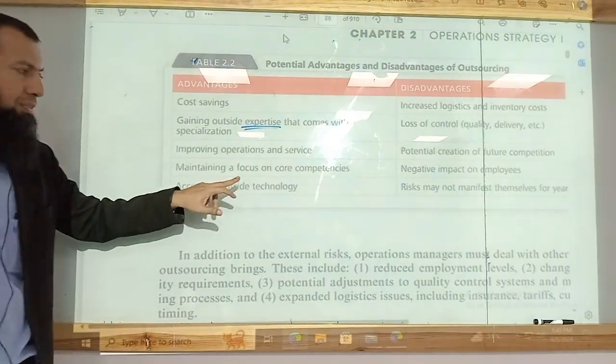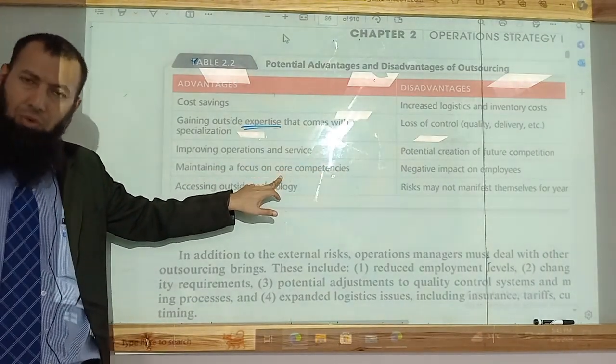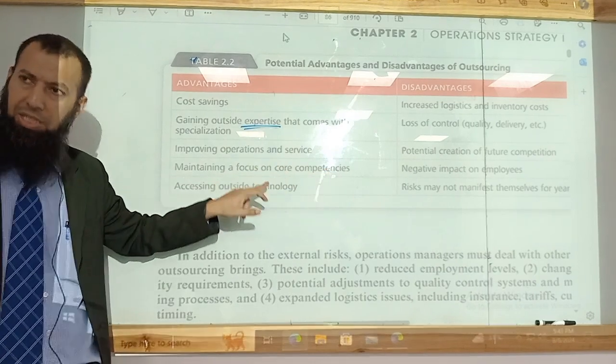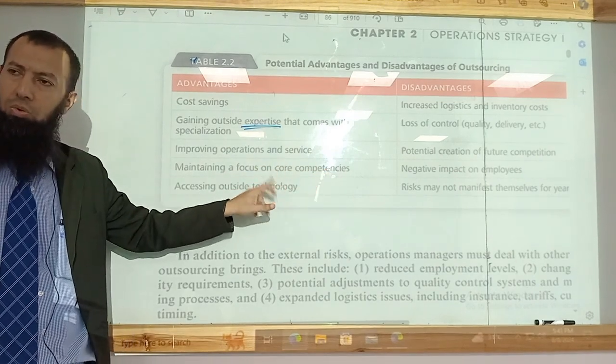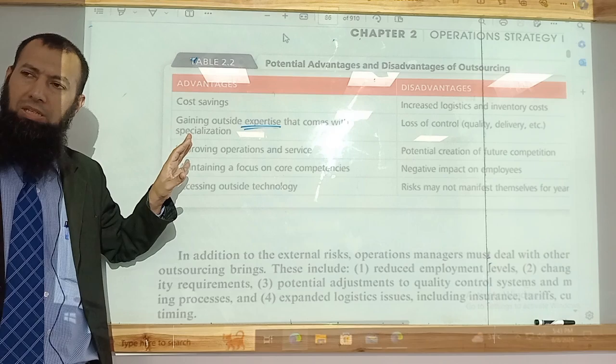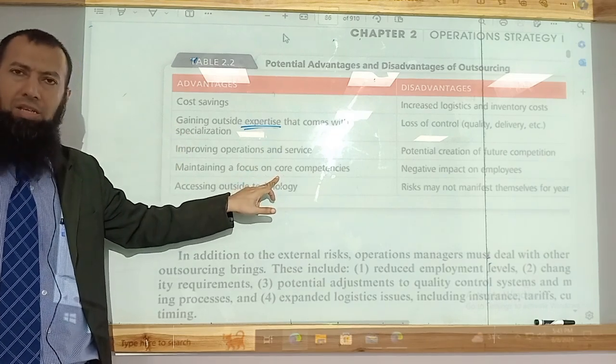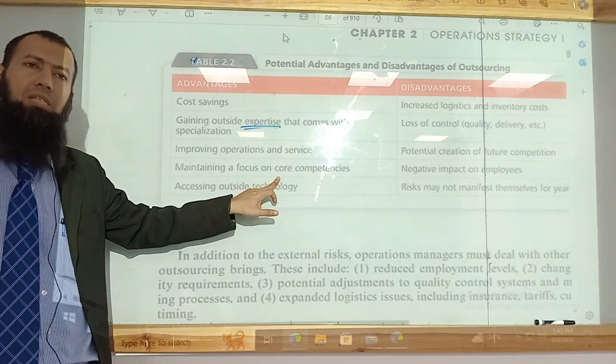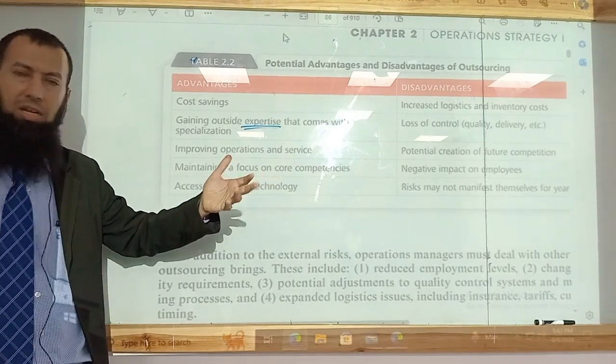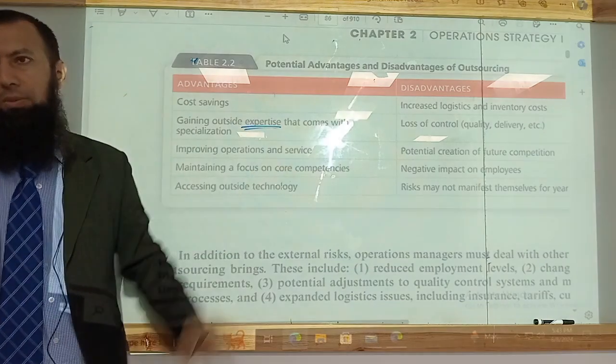For example, they need to focus on the other key success factors. So they want to focus their activities there. Now the other services which are not as important strategically, they outsource.